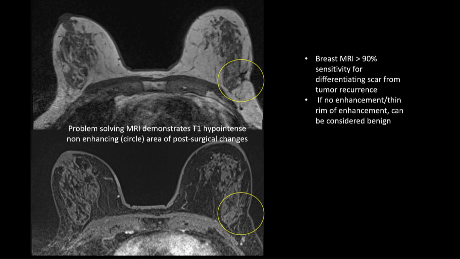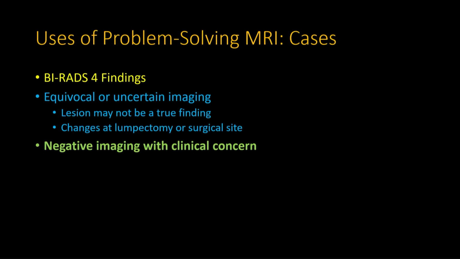So you can see here, as we talked about, the non-fat suppressed pre-contrast imaging demonstrating a hypointense scar here, and there's no enhancement in the area of post-surgical changes, so you can call this benign. Breast MRI has 90% sensitivity for differentiating scar from tumor recurrence, and if there's no enhancement, or if you have a thin area of enhancement, that can be considered benign.